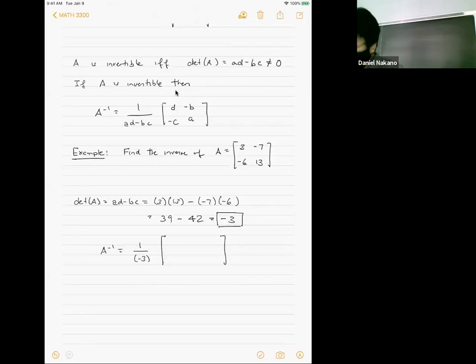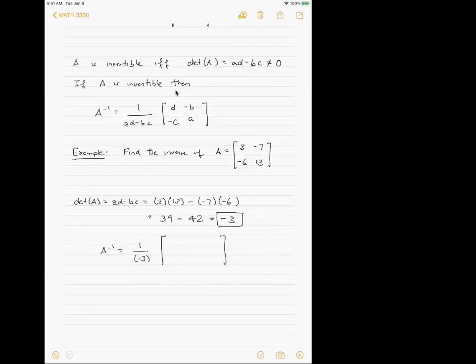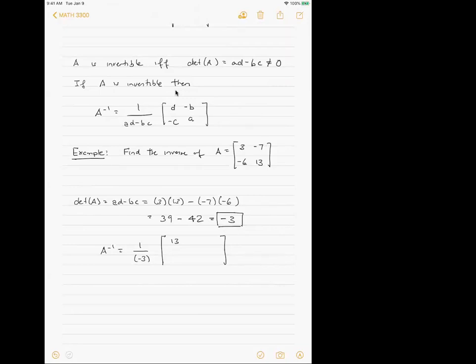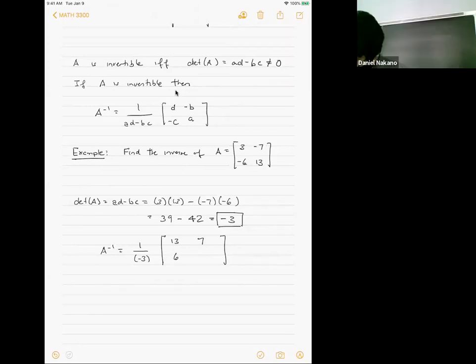Anyone? 13. 13, good. What about the next entry over here, next to the 13 to the right? 7. Okay, so you negate this one, so it's 7. That's right. Next entry? 6. 6, good. And the final entry? 3.